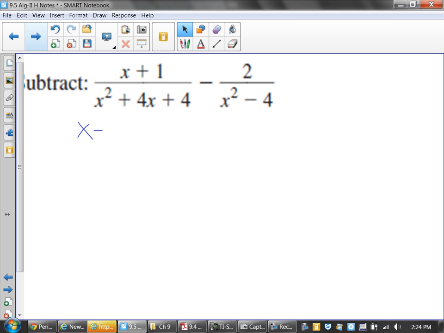So the first fraction, you get x plus 1 over x plus 2, x plus 2. Can't factor anything with the 2. Oh, yeah, right. x squared minus 4. x plus 2, x minus 2. It's a difference of squares again, guys. A difference of squares.